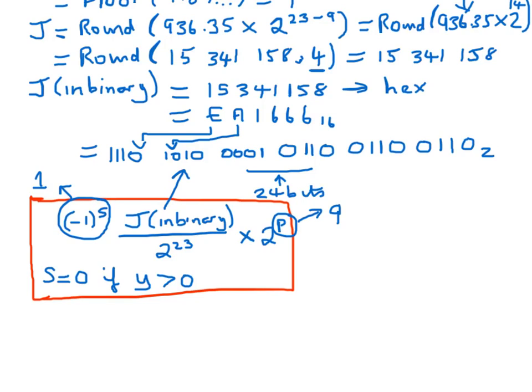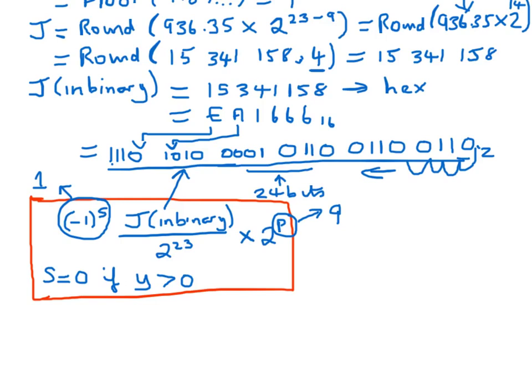If we take this j value in binary, this number up here, and we divide it by 2 to the power of 23, essentially there's a fractional point understood here, and if you divide by 2, 23 times, it moves the fractional point back this direction 23 places. So the fractional point is going to end up here. Let me write that down for you.